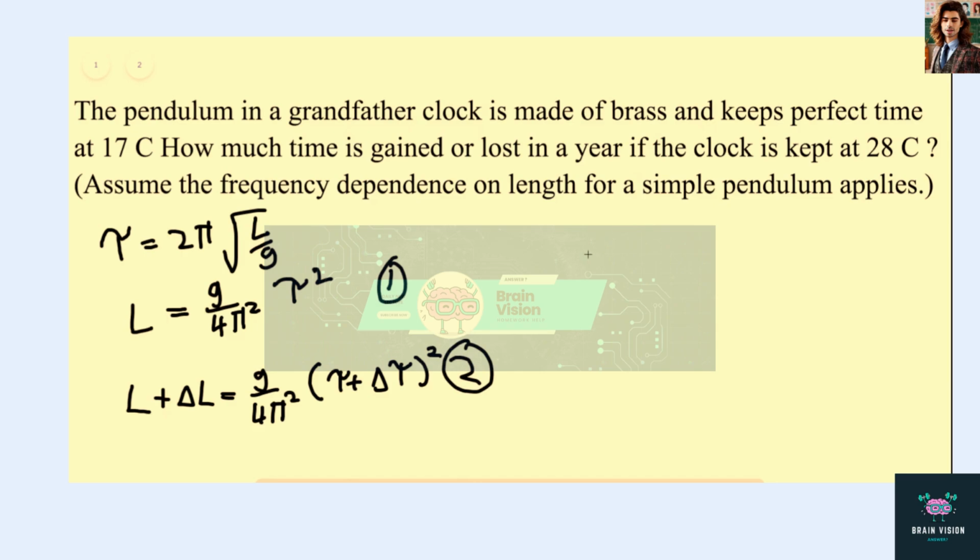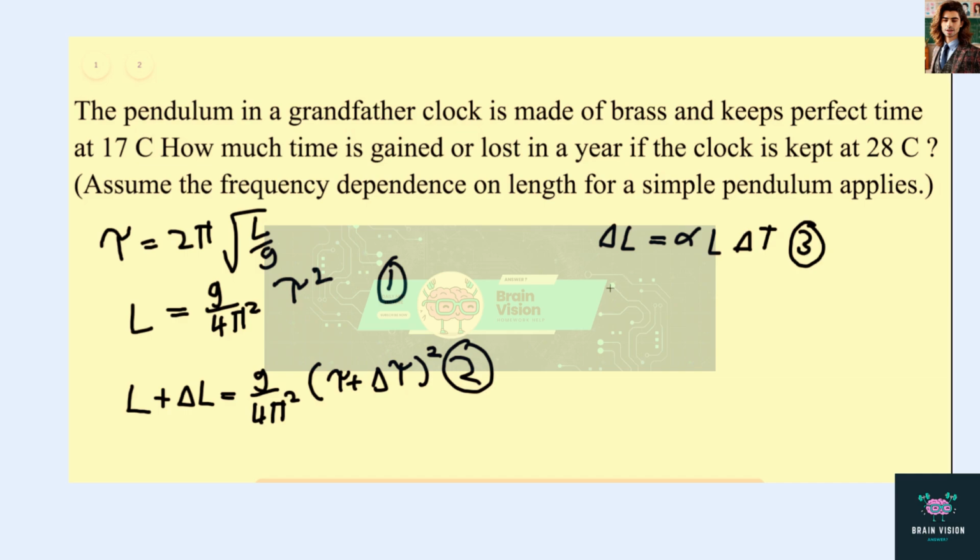And equation 3 will be our formula for linear thermal expansion, because we have a thin pendulum, basically a brass wire that's expanding as a function of temperature. So we get that delta L is equal to alpha L delta T, where delta T is the change in temperature and not to be confused with tau. We're going to call this equation 3, and we're going to substitute equation 3 into equation 2.